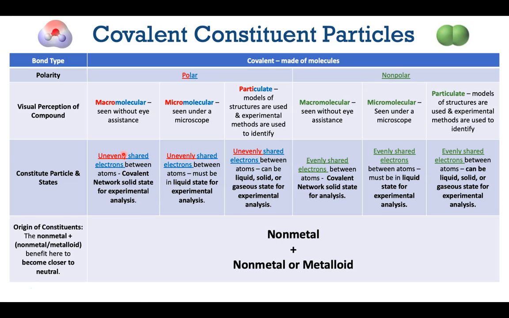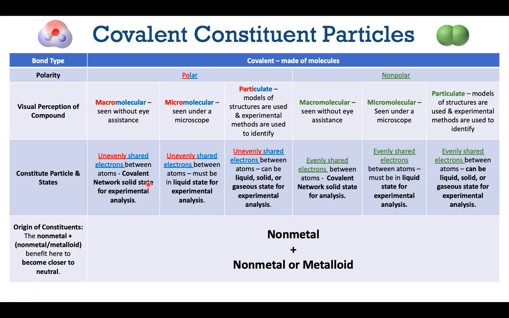If it's a polar molecule, unevenly shared electrons between atoms must be in liquid state for experimental analysis. So for micromolecular, it must be in a liquid state for experimental analysis. For particulate, it can be in a liquid, solid, or gaseous state for experimental analysis. A lot of this is because, like I said, we're going to be doing computer models or something that we've drawn.